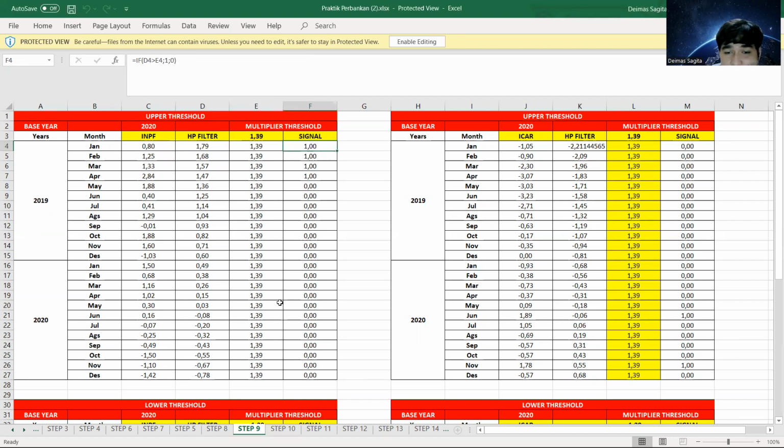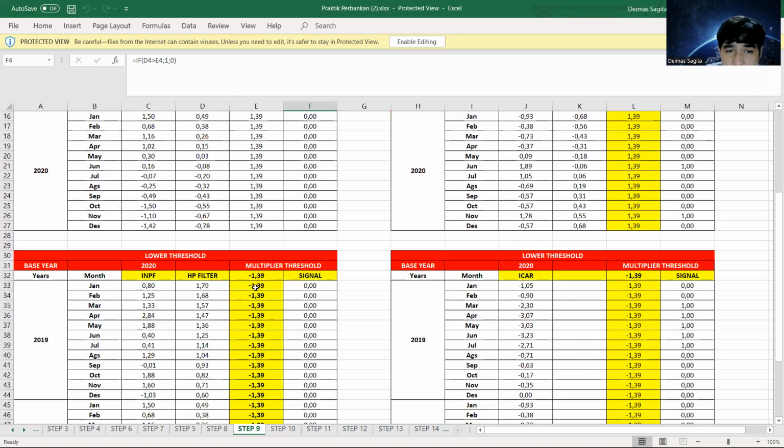For that, we try to find the signal. The formula is the same as in step 8. Equal if HP filter bigger than 1.39, or our average threshold, and the comma 1, and the comma 0, and just enter, and then we get the value for our signal in the upper threshold.